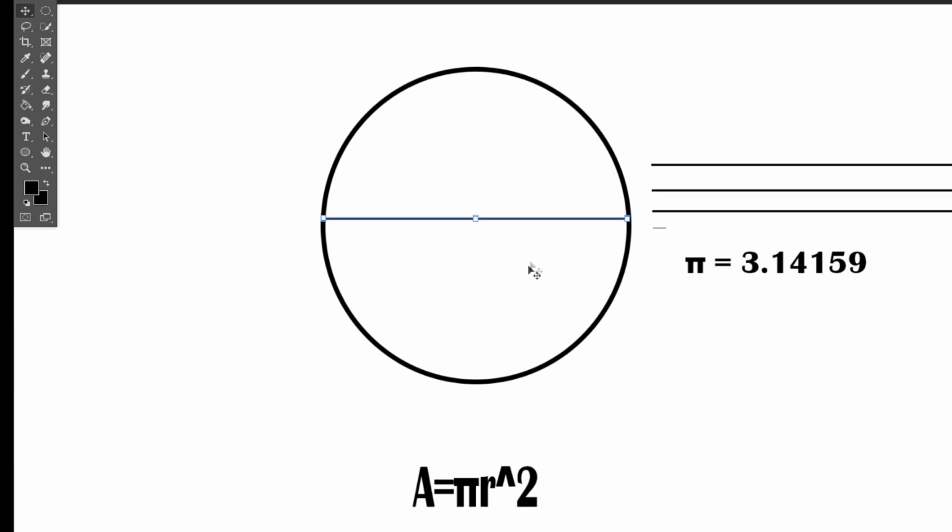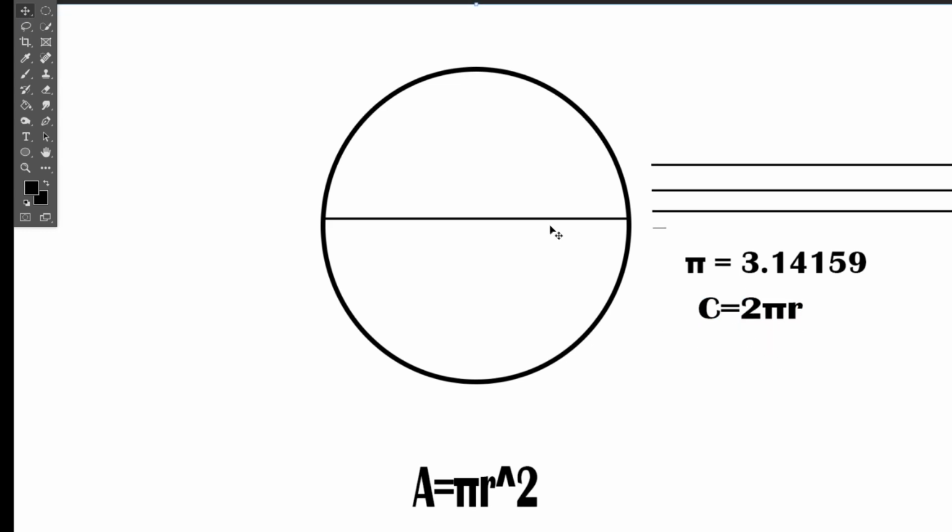To describe that, which I just talked about, there's a formula, and the formula says the circumference of a circle is equal to 2 times pi times the radius.